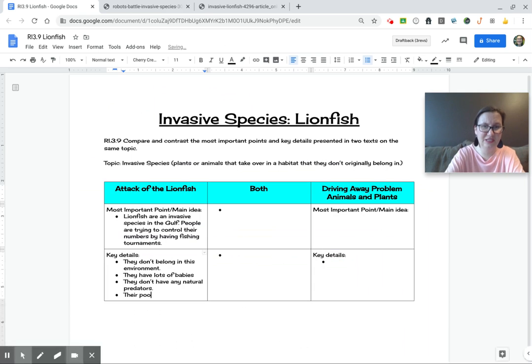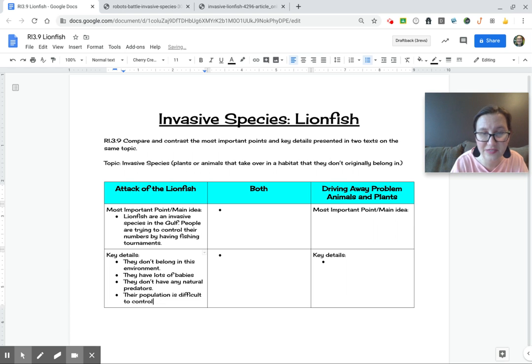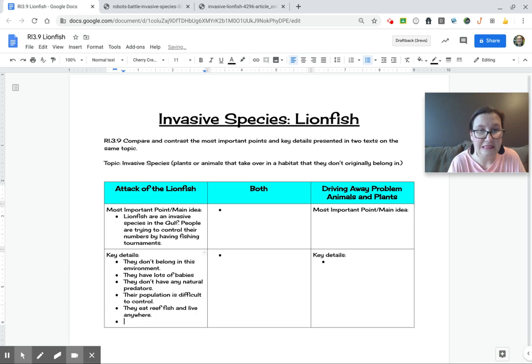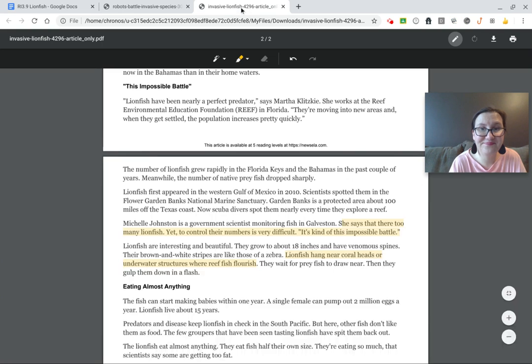So their population is difficult to control. They eat reef fish and live anywhere. That's a bad recipe there.